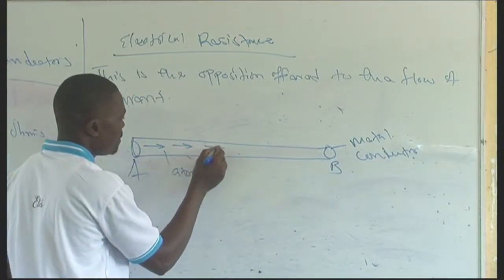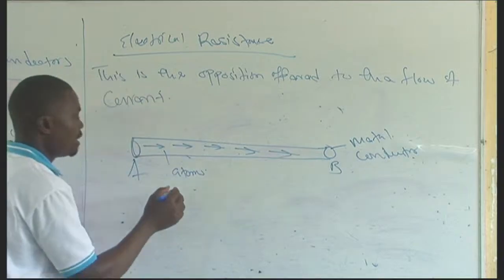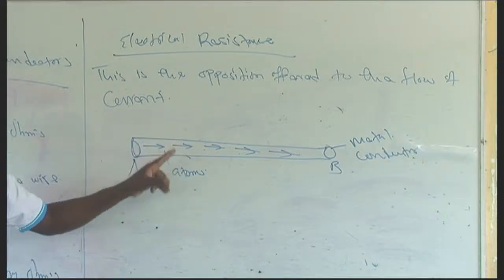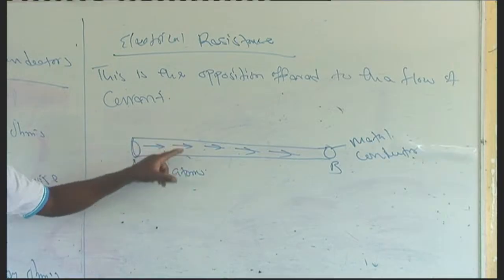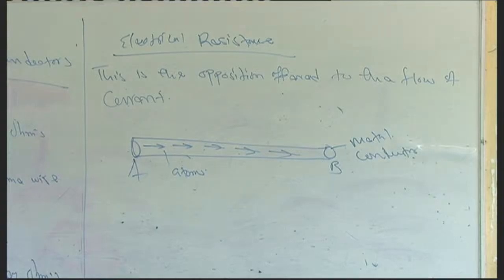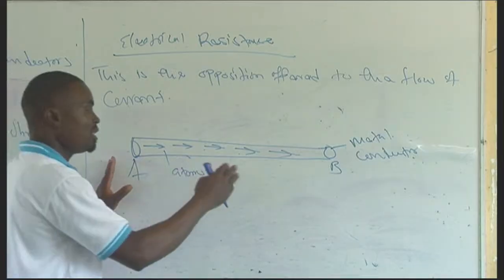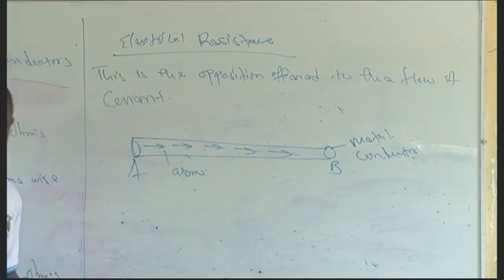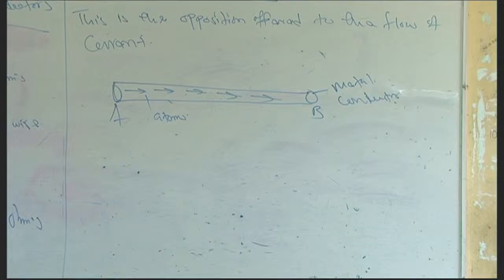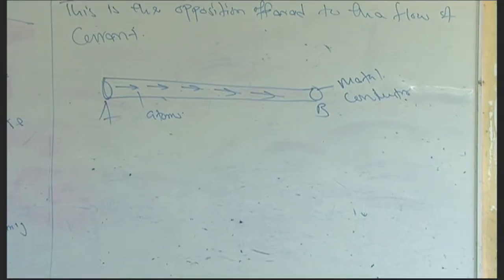As current flows, the atoms also vibrate. Then these atoms may cause collisions with the electrons, and therefore we will have what is called electrical resistance. Their movement will now be slowed. If they were to move very fast, they will be moving slowly because their movement has been restricted by the collisions with the atoms of that metal.